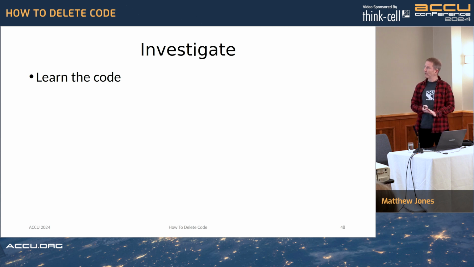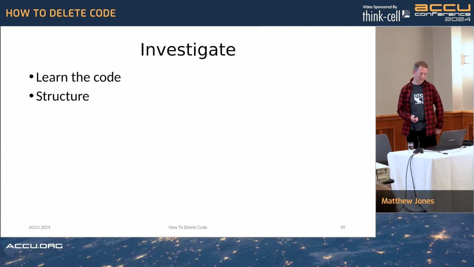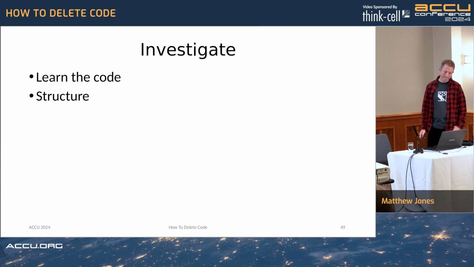So there are various non-destructive techniques of finding dead code, and then there are destructive techniques, if you like, which I'll talk about in a minute. If you look at the structure of your code, if it's well structured, it will be more obvious which bits aren't needed anymore.